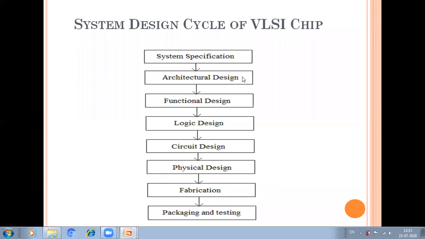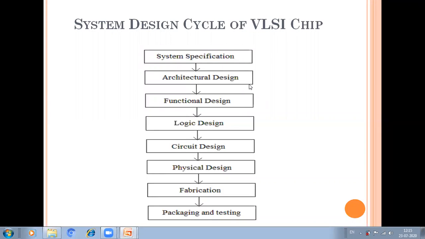In the architectural design, you know about the hardware components. So what hardware components will be referred to in this stage. The basic architecture of the system, that is the architecture design of the VLSI circuit, always begins with the development of the module, in terms of the input, output, and a description of the specific function. It also includes the number of ALUs, floating point units, number and structure of pipelines, size of caches.